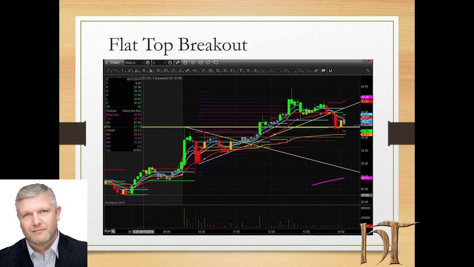It's just descending resistance and ascending support. And the apex point is right here where the two lines cross. So we've got this coming down, and that's coming up. Two trend lines, and the apex point is here where it crosses. Now in this case, the stock started breaking to the upside just before that apex point.